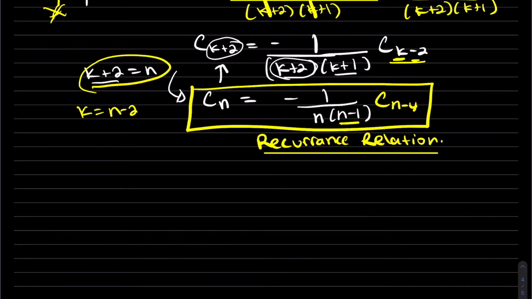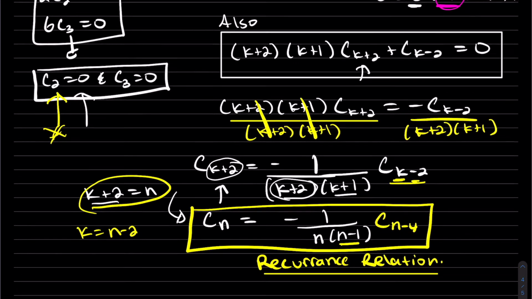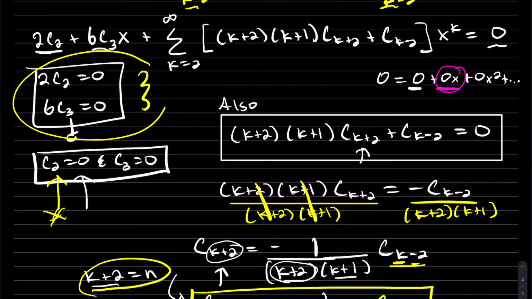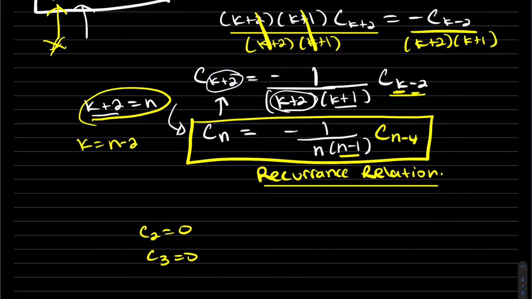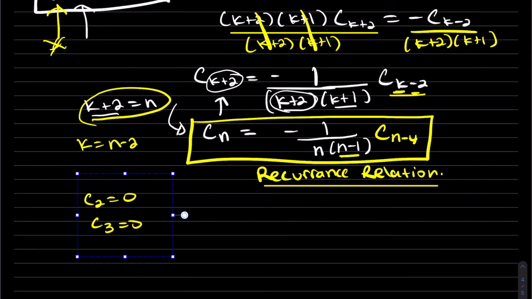And I can start, well, if we look here, we've already found two of them. So we have C2 equals 0 and C3 equals 0. Maybe the next one is C4. You can try C1, but we can see it's 1 over 1 times 0, which is undefined.